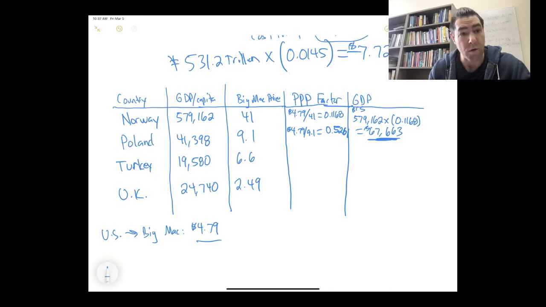And then I'm going to multiply the Poland GDP per capita, which is 41,398, times 0.5264. My pen is not writing very well.